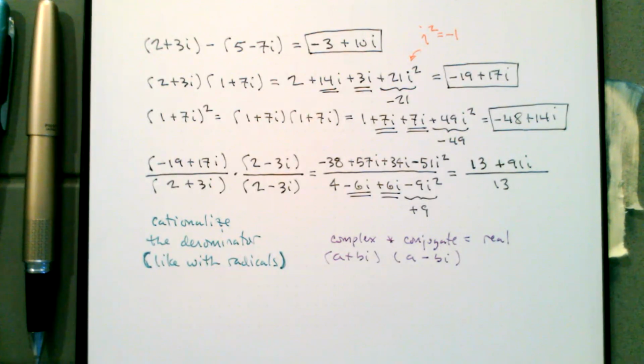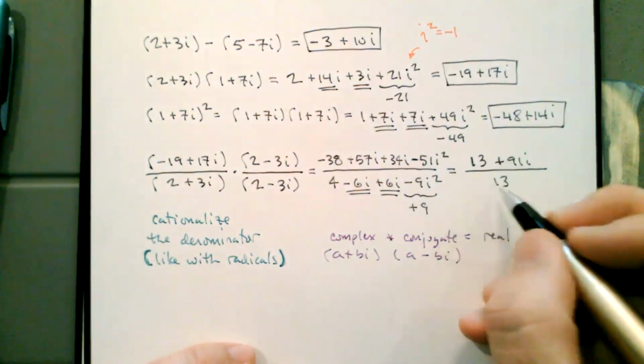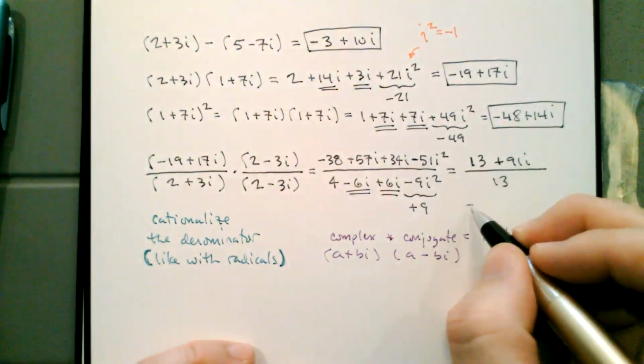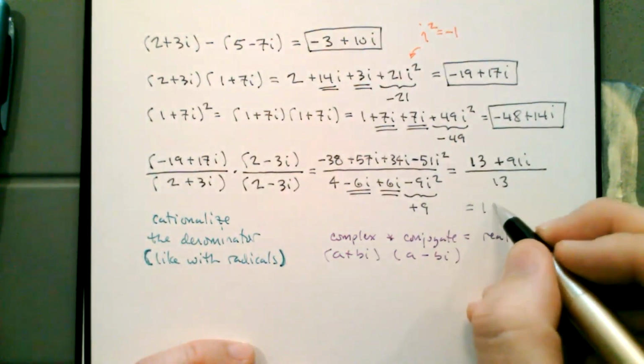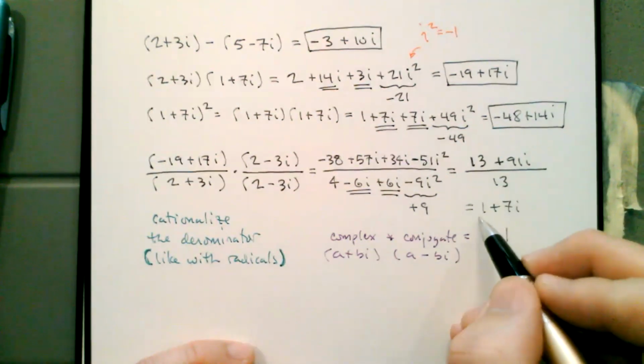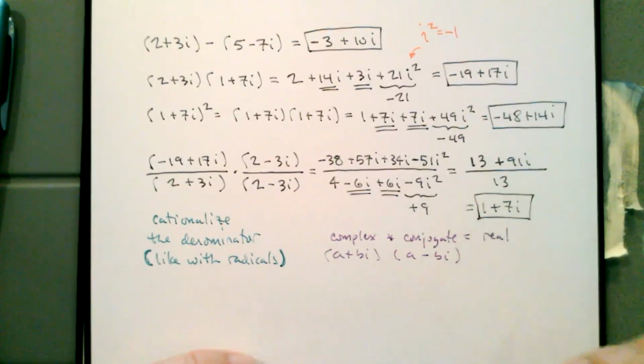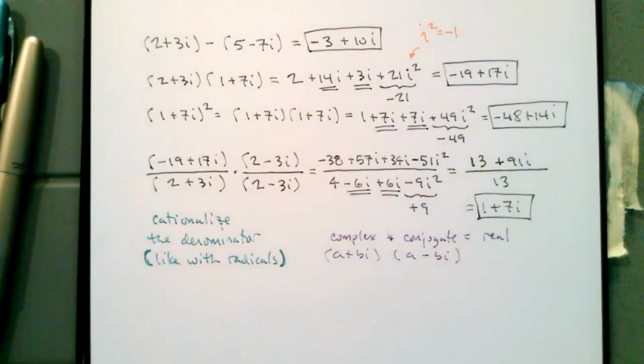Oh well. Now notice that I got 13 plus 91i divided by 13, and conveniently 13 divided by 13, I can use the distributive property, and 13 divided by 13 is 1, and 91 divided by 13 is 7. Notice that when we did negative 19 plus 17i and divided by 2 plus 3i, I ended up with 1 plus 7i.